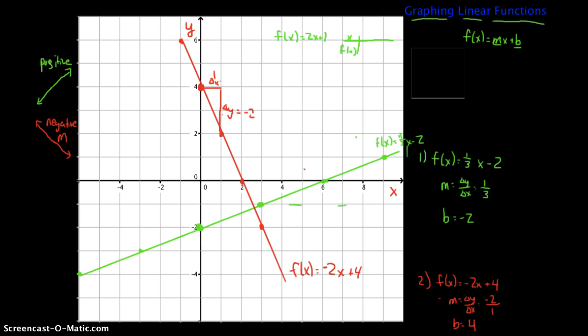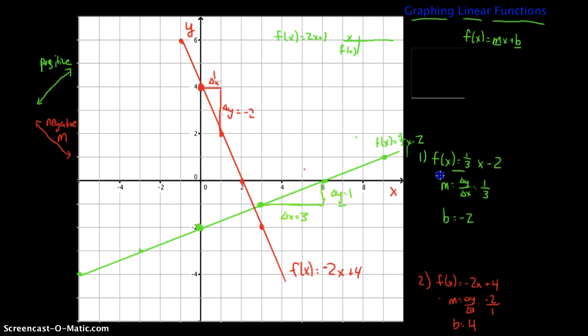Well, let's see how that looks on this line here. Let's switch back to green. Watch. My change in x, let's actually go over to this point, it'll be easier to see. My change in x is 1, 2, 3. Change in x equals 3. And then here, my change in y, as soon as I get there, is equal to 1.